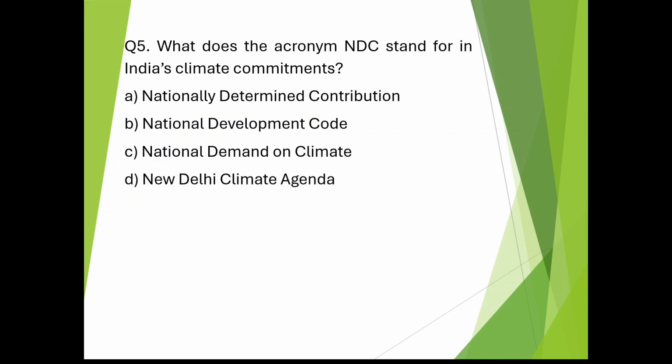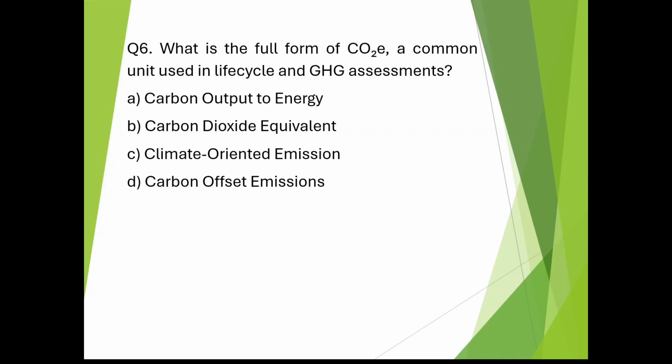And India's NDC includes greenhouse gas reductions and carbon sink targets. Fine. So I think now you will be able to understand and recall if these kinds of questions are asked in the final examination. What is this NDC? Let's move to the next question.